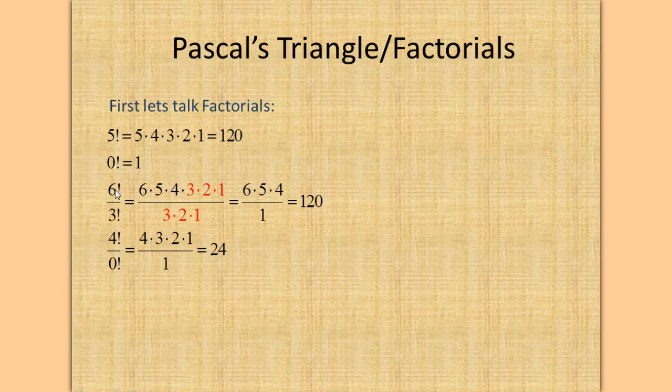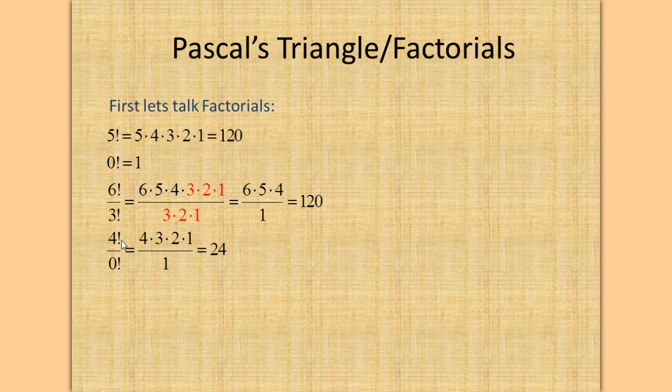Okay. 6 factorial divided by 3 factorial is equal to 6 times 5 times 4 times 3 times 2 times 1. That's what 6 factorial is. 3 factorial is 3 times 2 times 1. Well, the 3 times 2 times 1 cancels in the denominator and the numerator. So that leaves 6 times 5 times 4, which is equal to 120.